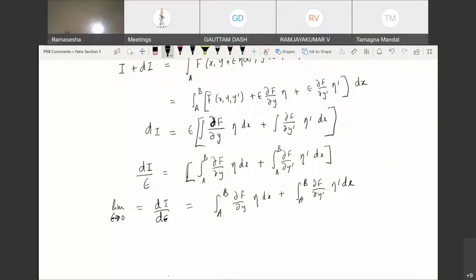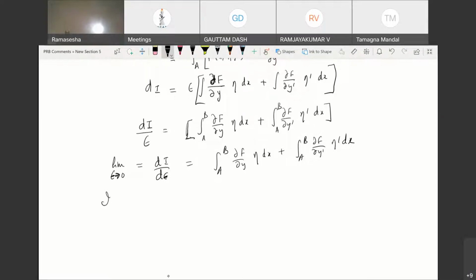Okay, so I have almost got my algebra, as if I'm trying to minimize I as a function of epsilon, by using an arbitrary function eta of x, multiplying it by epsilon and adding it to y.